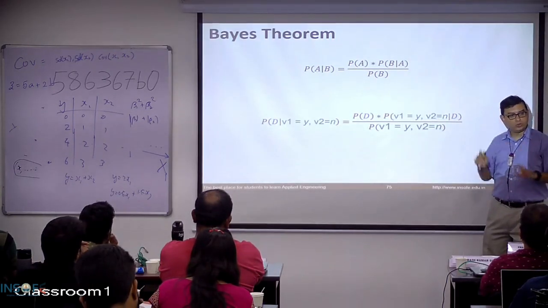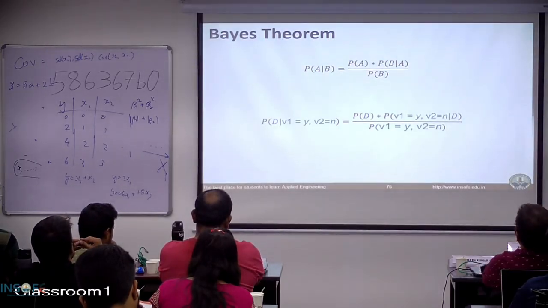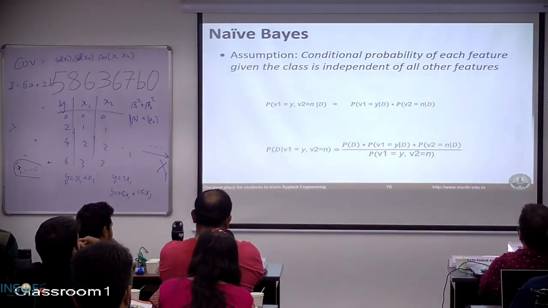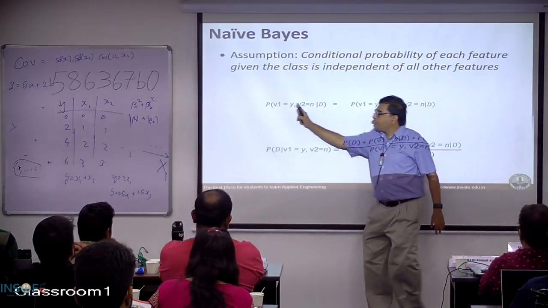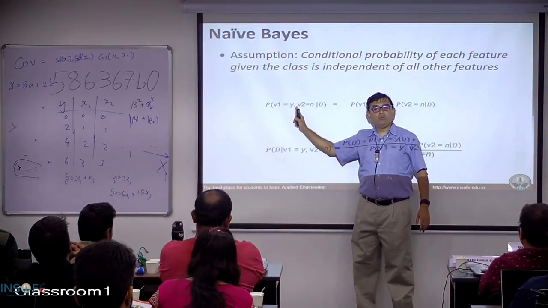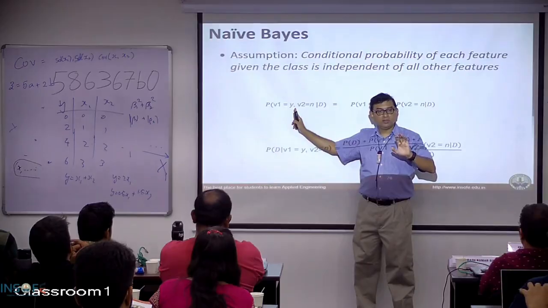Simple Bayes rule. Here is the simplification that naive Bayes makes. The probability that we computed is a joint probability, right? Naive Bayes makes an assumption that these are independent voting events.